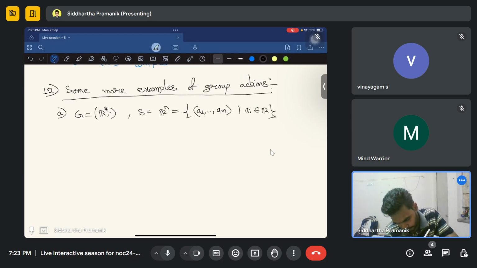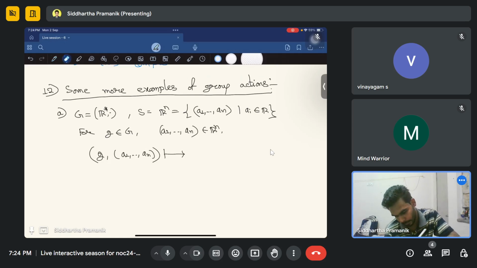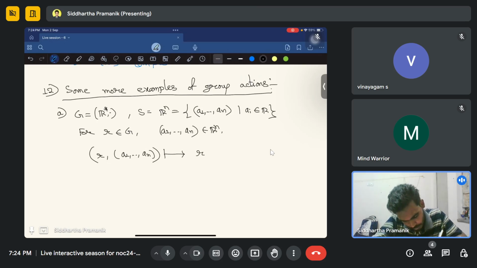Now for r belonging to R star and (a1, ..., an) belonging to Rn, let us define this function as, let's take r because it's a real number, r·(a1, ..., an) = (ra1, ra2, ..., ran).